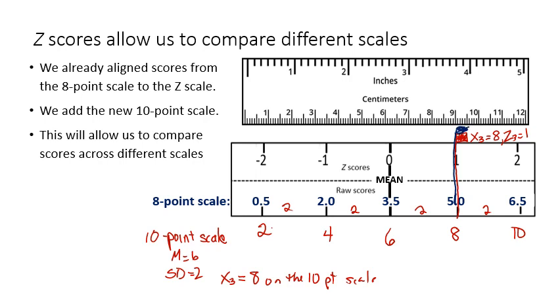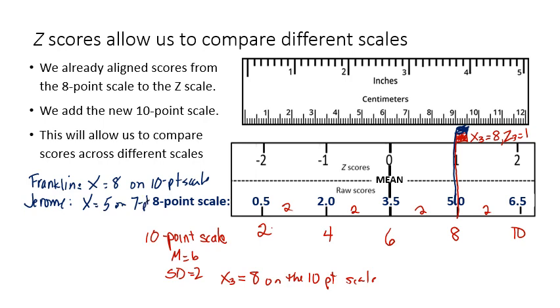So we can conclude that even though Franklin had x equals 8 on a 10-point scale, and Jerome had x equals 5 on an 8-point scale, the score for Franklin, x3, is equivalent to the score for Jerome.